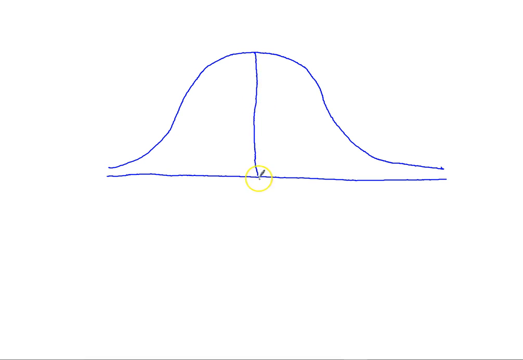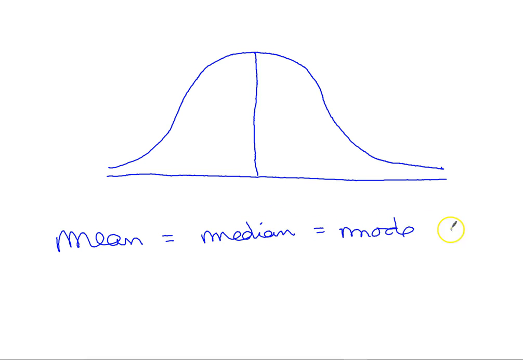And so the median and the mean are the same thing. And since we only have one peak, our mode is right here. And so when you have a normal curve, we can say that our mean equals our median, which equals the mode. They're all the same thing. And that's not talked about that much, but there's a few questions in there that talk about that.